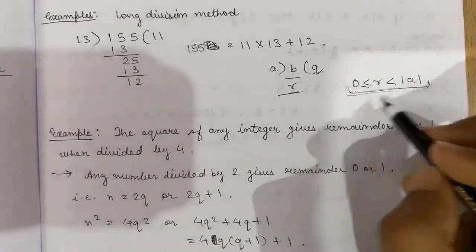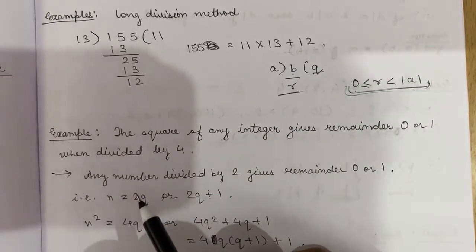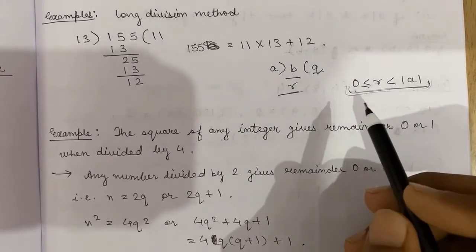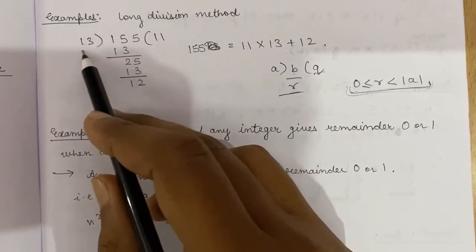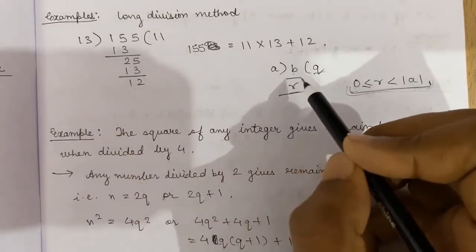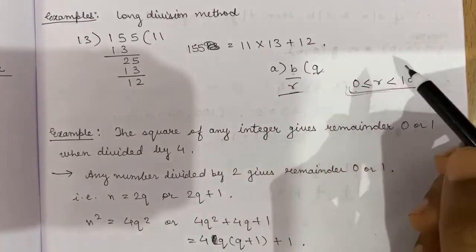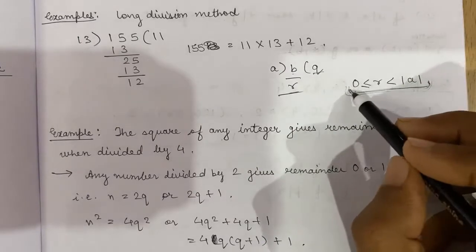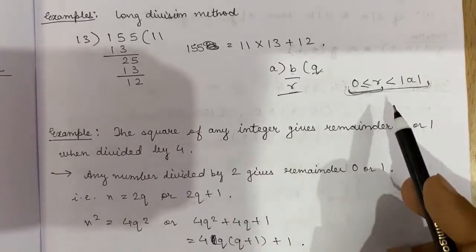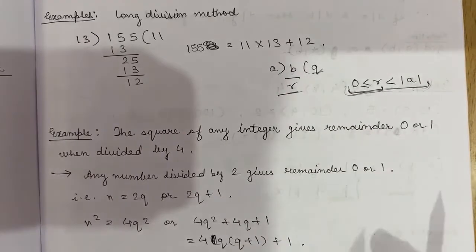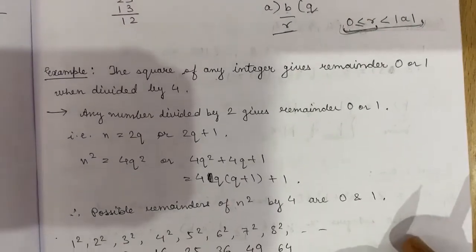We can only not divide by 0. And even if the divisor is negative, the remainder would always be positive or 0. So the remainder would always be greater than or equal to 0. So keeping these things in mind, let's look at an example.